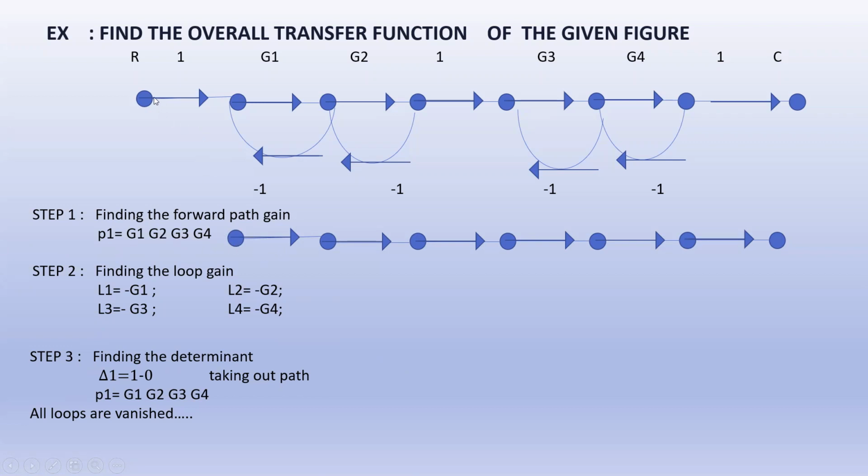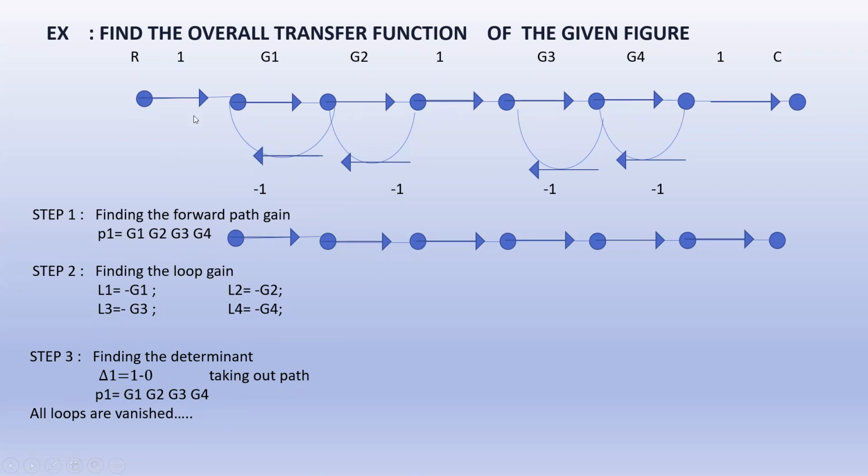If we take all the nodes in this forward path, we are left with no signal flow graph, because this forward path contains all of the nodes in the entire signal flow graph, so all the loops vanish. So what is this determinant? If we take out this forward path, how many loops will be left, the summation of those loops, plus the non-touching loops. This is the isolated determinant.